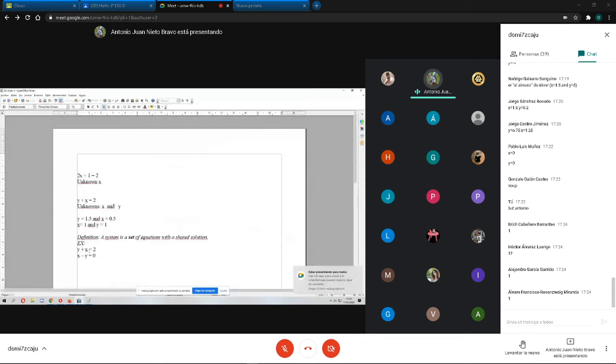You know that there are 3 methods: substitution, equalization, and reduction. Reduction is eliminación in Spanish. Okay, I continue. Third step: check the solution, that's all.